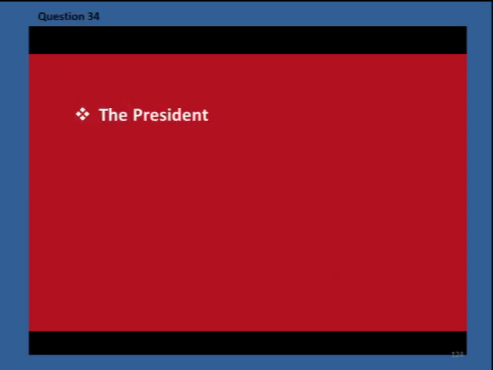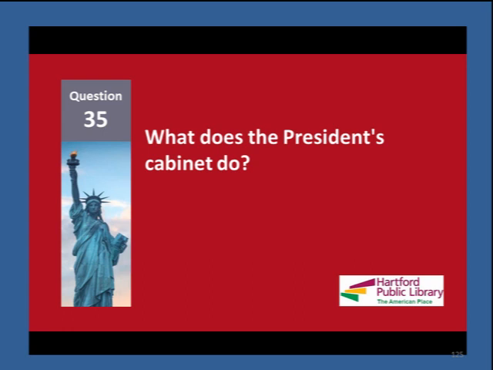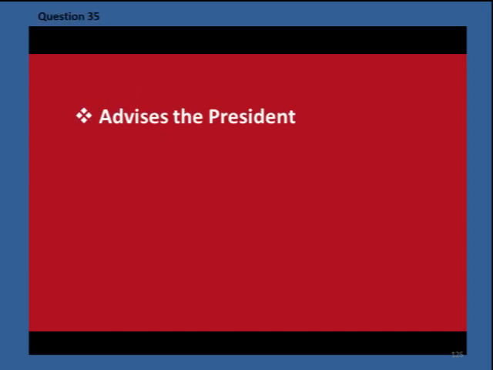The President is the only person who can veto legislative bills. Question 35. What does the President's Cabinet do? Advises the President. The President's Cabinet advises the President.